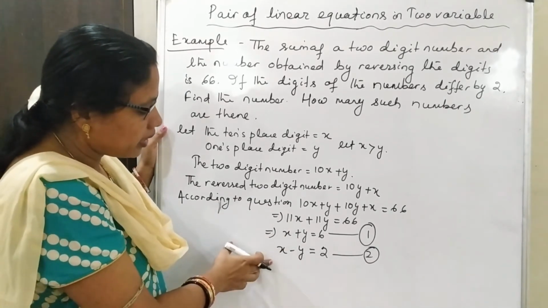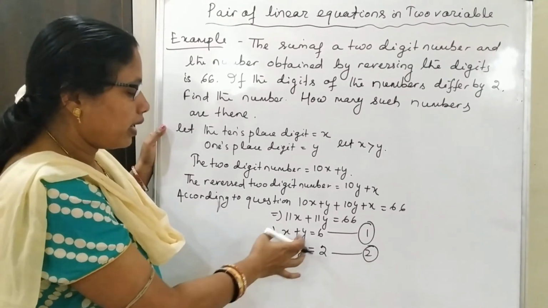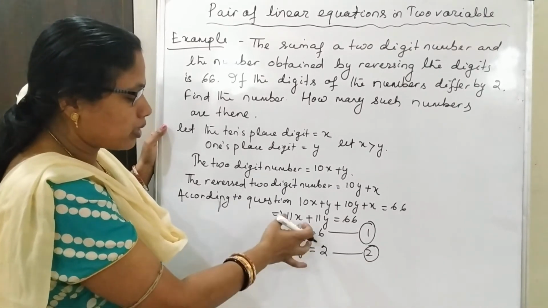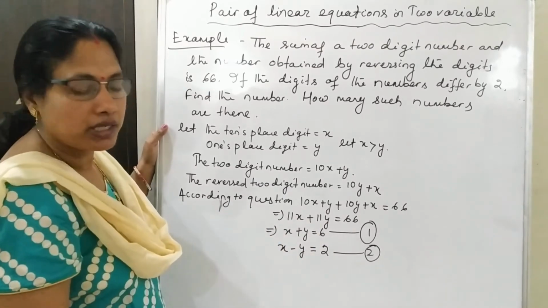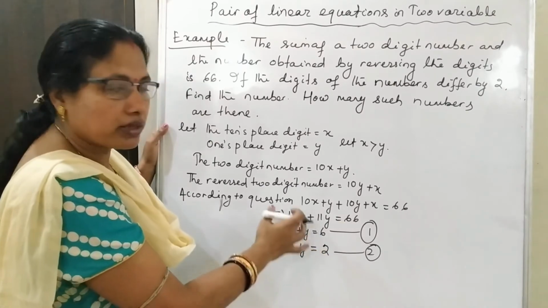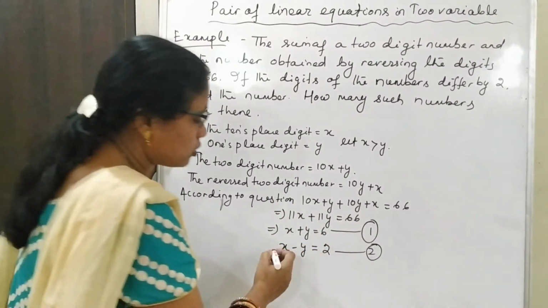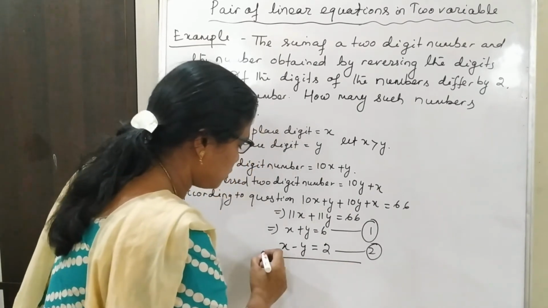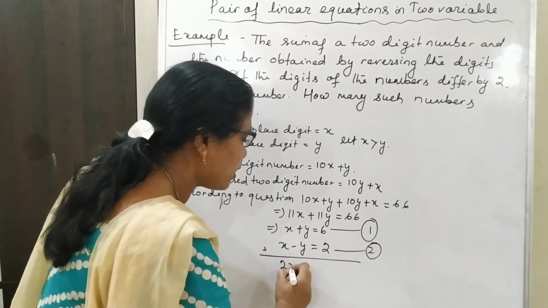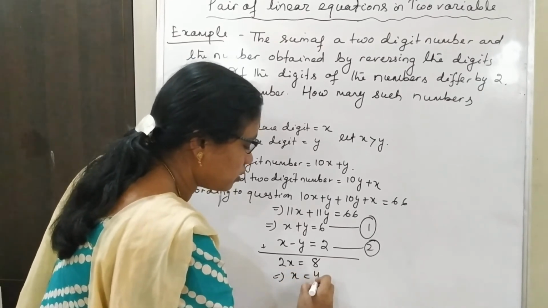So here already the coefficient of x is equal and the coefficients of y are one is plus 1 and another one is minus 1. So if I add these two equations, then the variable y will be eliminated. So I will add this. So 2x is equal to 8. So this implies x is equal to 4.